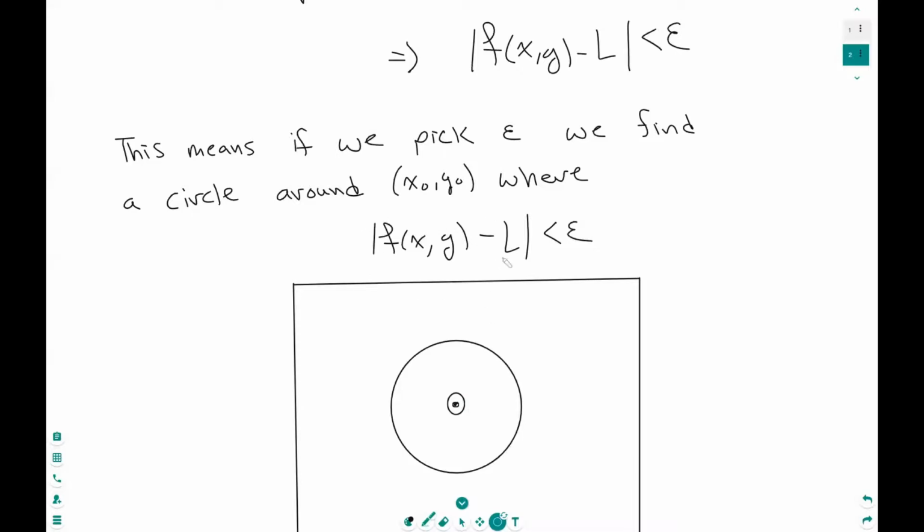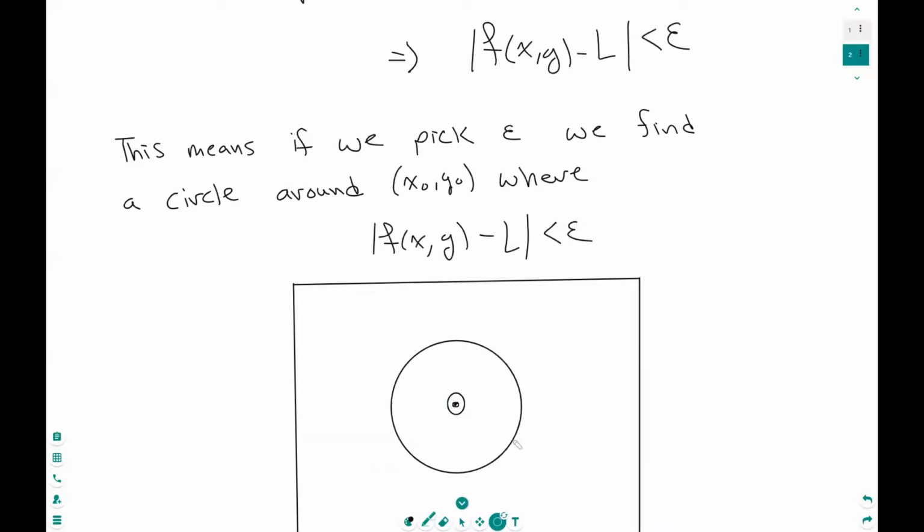I'm getting closer and closer to my limit point, which is exactly how we define limits in the real math way for functions of one variable. But it's easier to think of I'm coming from the left, I'm coming from the right, rather than a circle of some radius in that R2 way. But now we're looking down above it and we've got these circles. And we can use this same definition for functions of more than one variable, where we'll have spheres and hyperspheres, what have you.